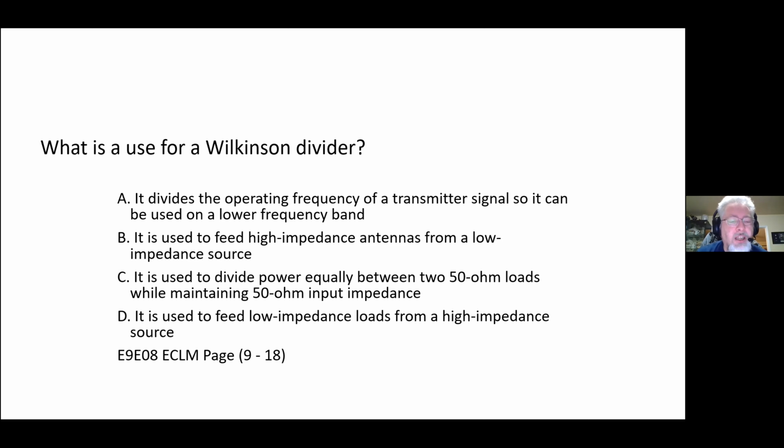Or D, it is used to feed low impedance loads from a high impedance source. Charlie is correct. It is used to divide power equally between two 50 ohm loads while maintaining the 50 ohm input impedance.